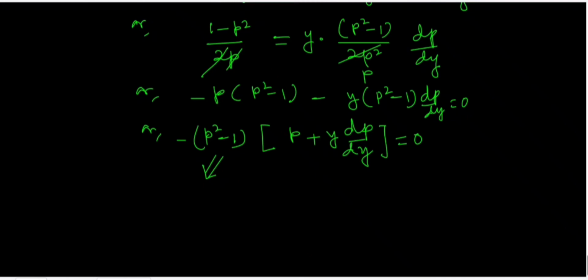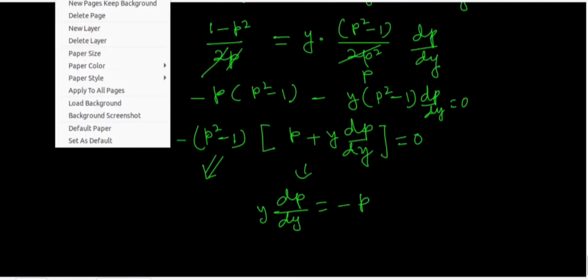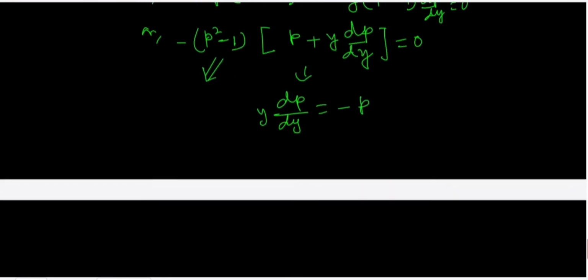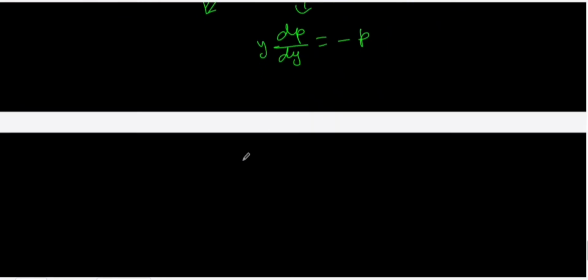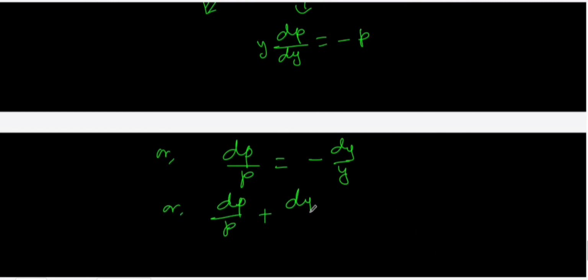Now from the second factor, what we'll get is y dp/dy equals negative p, or dp upon p equals negative dy upon y, or dp upon p plus dy upon y equals 0.